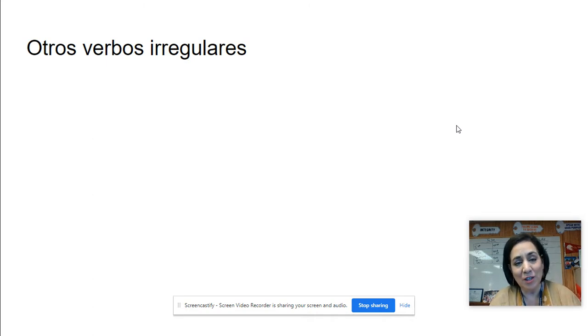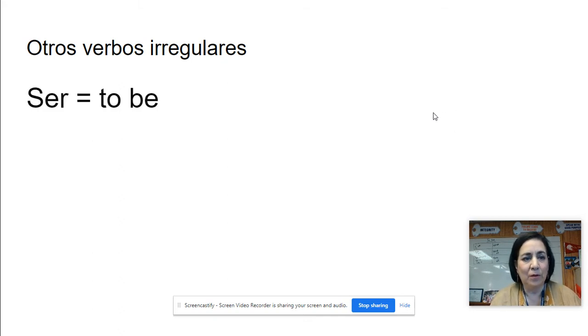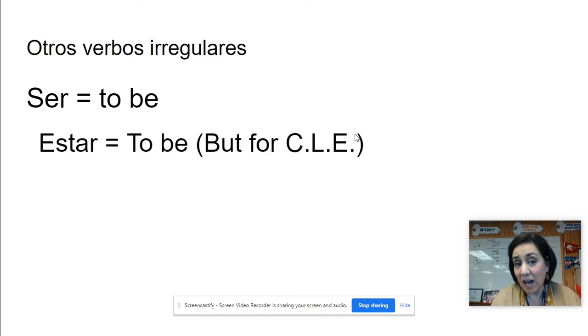So other verbs that are irregular and we need to memorize are, for example, the verb ser, which means to be, the verb estar, which also means to be, but just for condition, location, and emotion. So when we are talking about how we are feeling or where we are, we use the verb estar instead of ser.